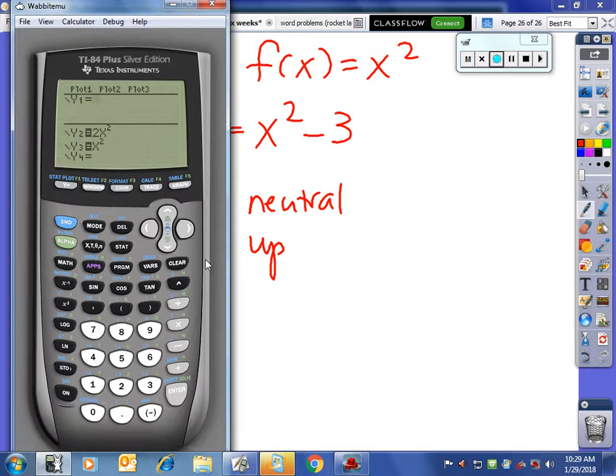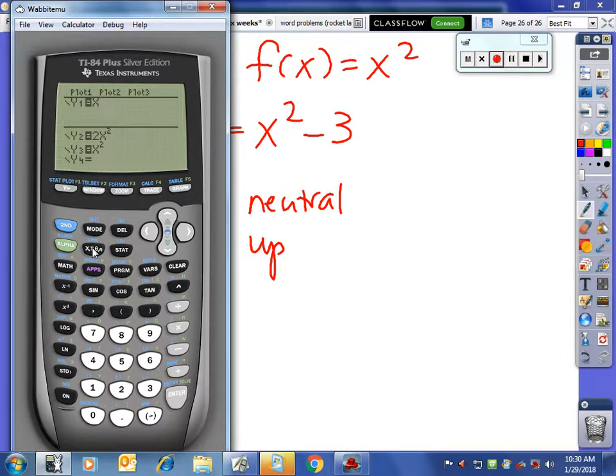You can figure out the vertex mathematically. Sometimes you can kind of think about it common sense wise. If we took y equals x squared and changed it to y equals x squared minus 3, think about it.